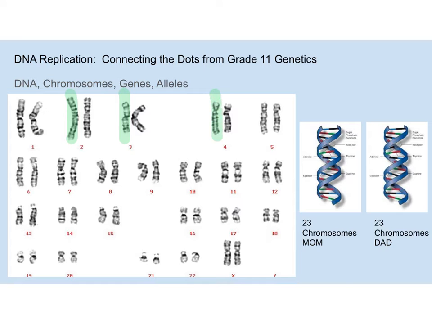So we'll just say these are all the ones that are from our dad, and I'm going to go through all the ones that are from my dad. And then the other ones would be all the ones from my mom. If you remember, that would be all the ones from your mom.